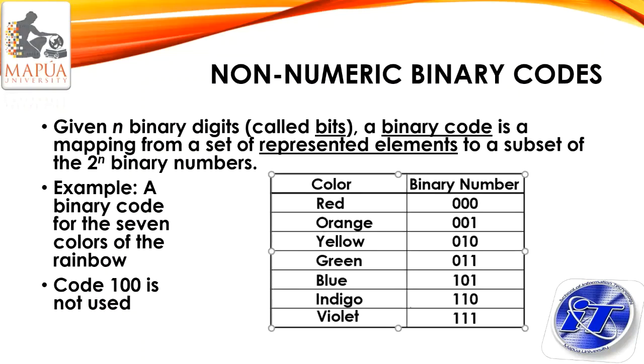This is an example of non-numeric binary code, wherein a binary number represents a value, which is the color. Each color is represented by a distinct pattern. There are some patterns that are not used because the patterns are more than the values we're going to represent. That's okay.